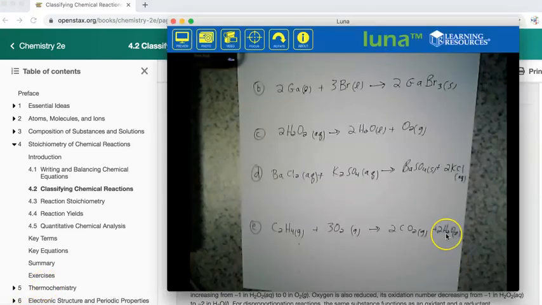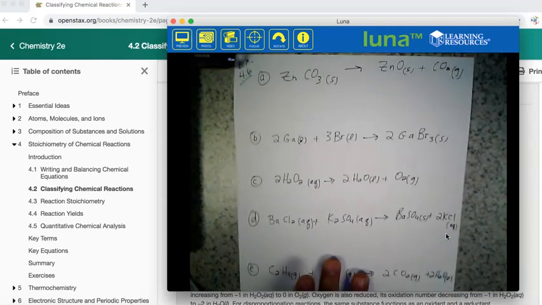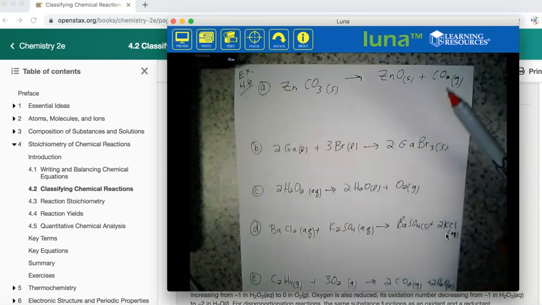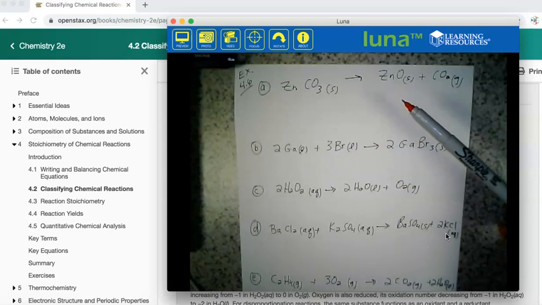Okay, so for this problem here, we're having to figure out whether the reaction is a redox reaction or not. And so in order to figure that out, we have to figure out the oxidation numbers on 2 different elements.